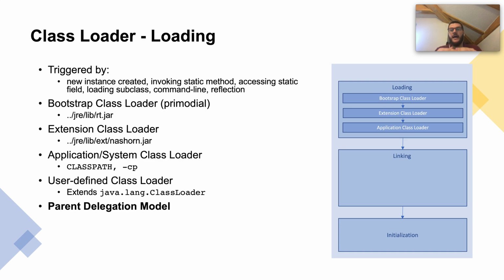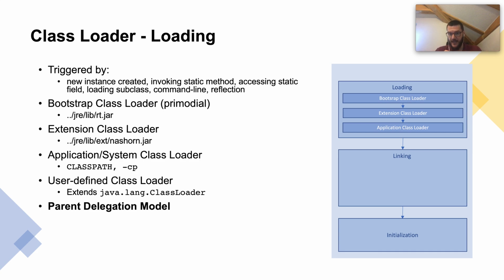When asked for some class file, the class loader will immediately delegate the search to its parent, and so on until the bootstrap class loader is reached. The bootstrap class loader searches for the class at its location, and if it finds the class, the file will be returned.